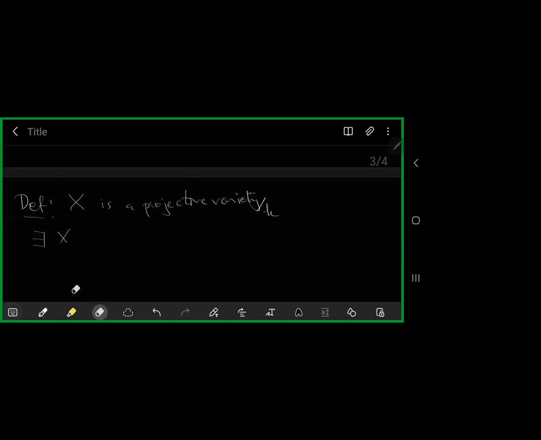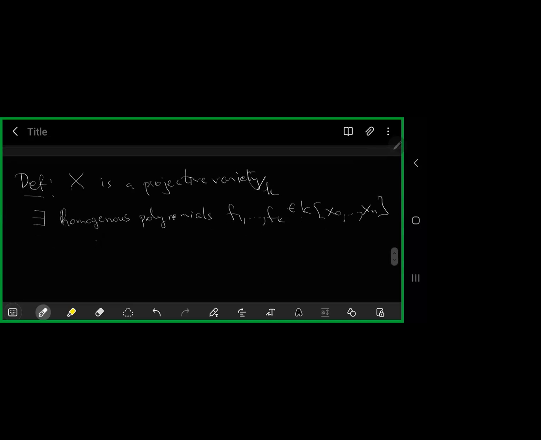I'm going to say that X is a projective variety if there exist homogeneous polynomials f1, ..., fk in k[x0, ..., xn], and then you look inside projective space. So previously I only defined this as a classical algebraic variety, but you can also define it as a variety in the modern sense.